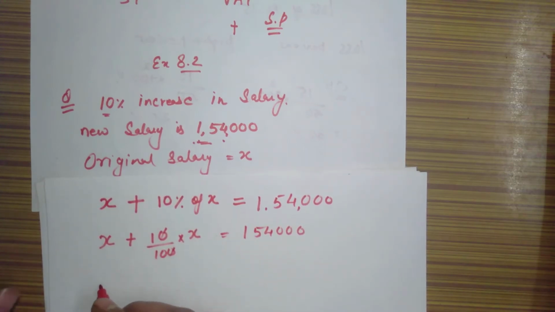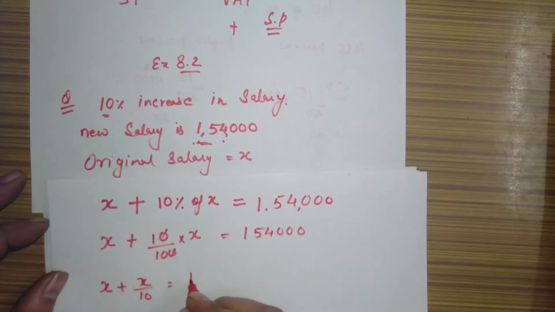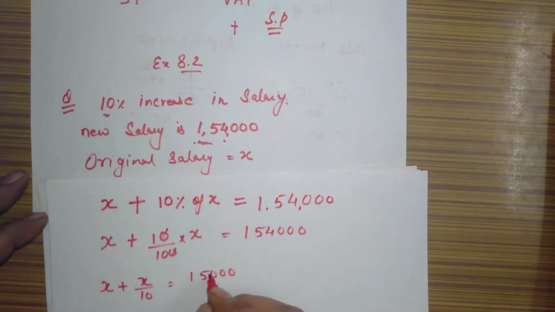Now this is X plus X upon 10, sorry, equals 1,54,000.